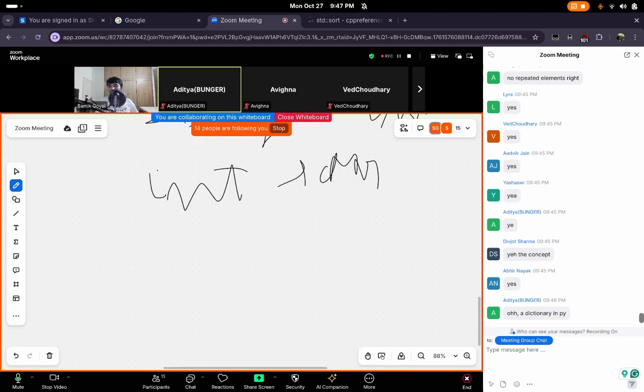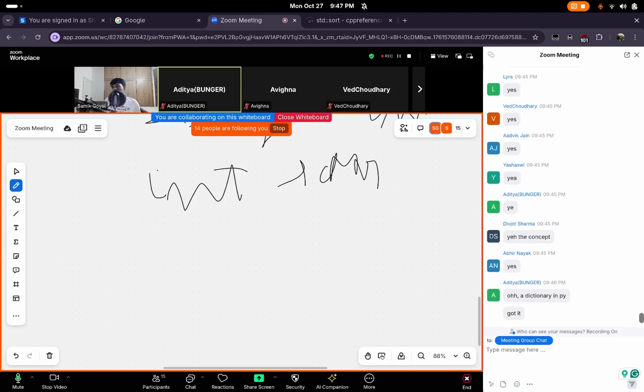Again, you can think of it as a set of pairs, really. It's not that different. I hope both of these things are clear, because I went a little quick. If anyone has any doubts, please put them in the chat or unmute, because I'm gonna be going over unordered maps next, which are slightly different.